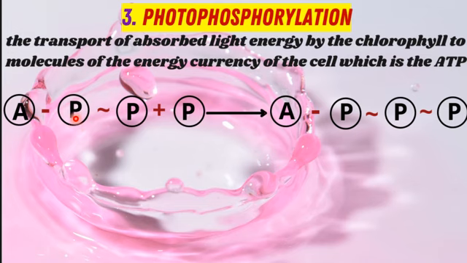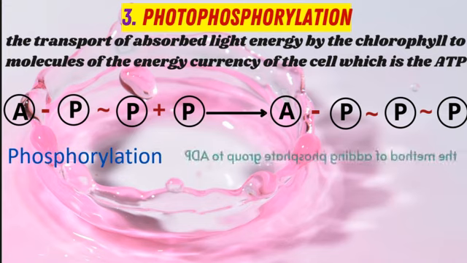P is the representation for phosphate, and this sign refers to low energy bond, while this sign pertains to high energy bond. This one on your left side is called the ADP, and this one on the right side is named ATP. The method of adding phosphate group to ADP is called phosphorylation.